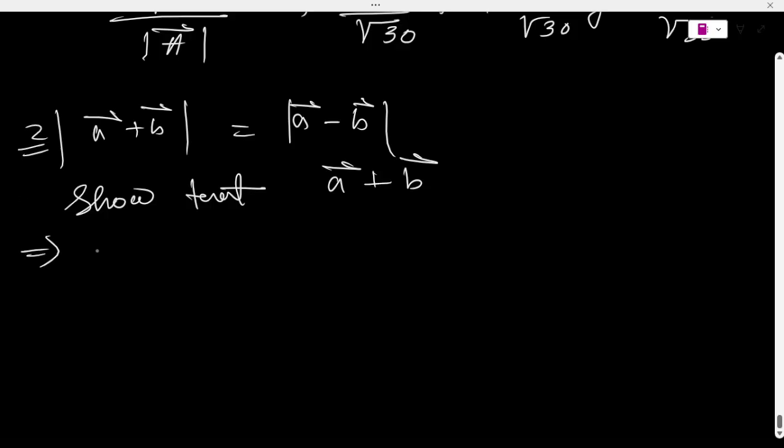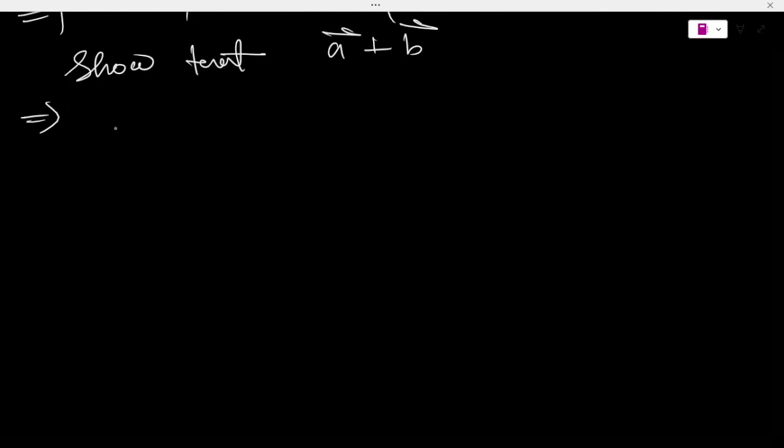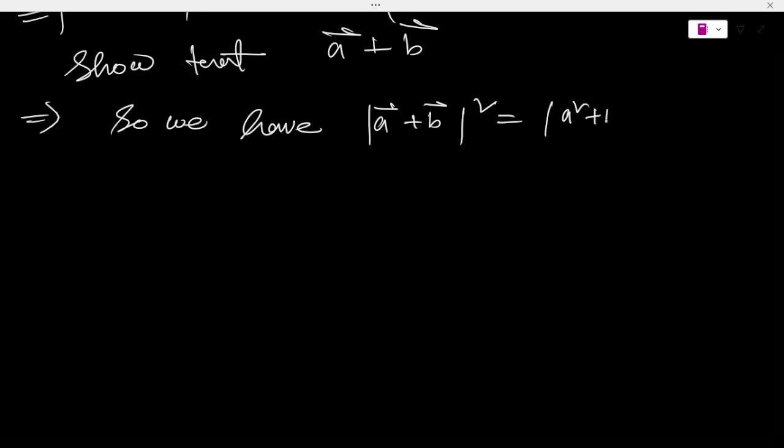So if we take the square of a plus b, it becomes a plus b dot a plus b.